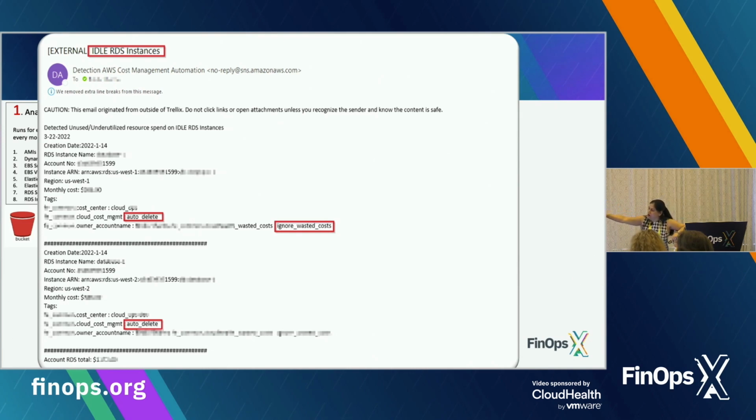The email also shows the cost they are saving by deleting that particular resource. For different people, it's a different kind of motivation. Engineering leaders can see how much they are saving with this initiative, and they can push engineers that we'll be saving this much, so it's okay to delete and go ahead with it.